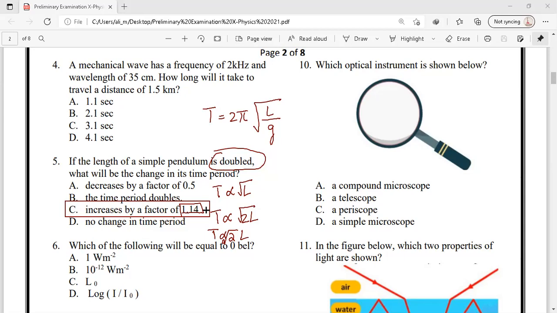Then we have question number 6. Which of the following will be equal to 0 bel? So we have intensities in our options, and we have sound level in our question. So 0 bel is actually the sound level of the faintest sound.